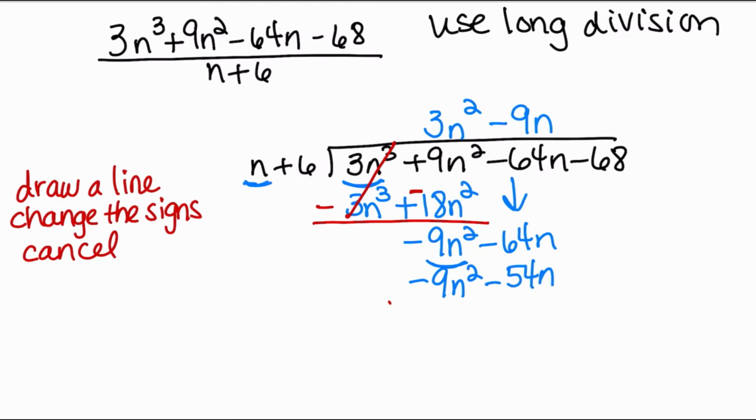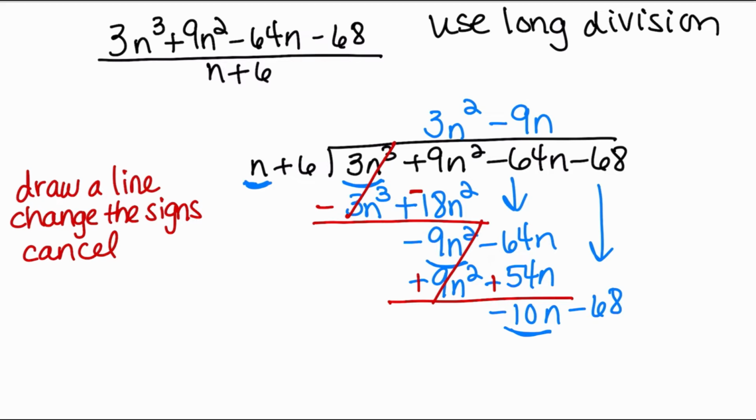Again, we're going to draw a line. I change all the signs here, and that cancels the first one. Negative 64 plus 54 is negative 10n. Bring down the negative 68. So now I ask n goes into negative 10n how many times? What number do I have to multiply by n to give me negative 10n?